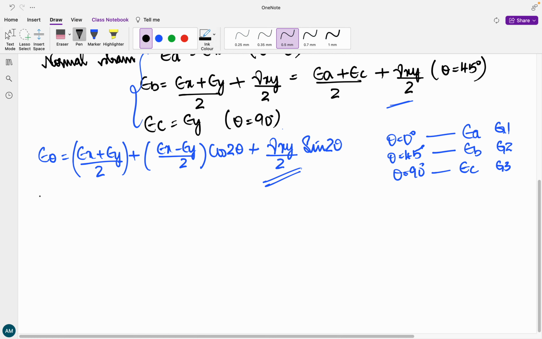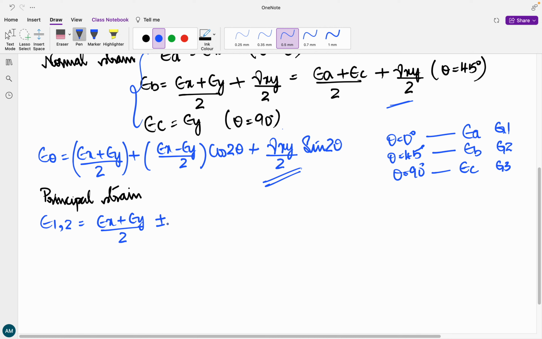Coming back to the principal strain. The formula is epsilon 1, 2, we had written that one. So epsilon 1 comma 2 is epsilon x plus epsilon y by 2 plus or minus half of under root epsilon x minus epsilon y by 2 plus gamma square xy.